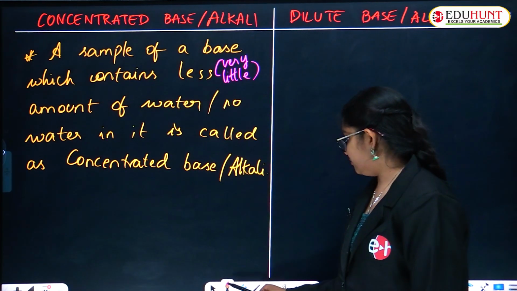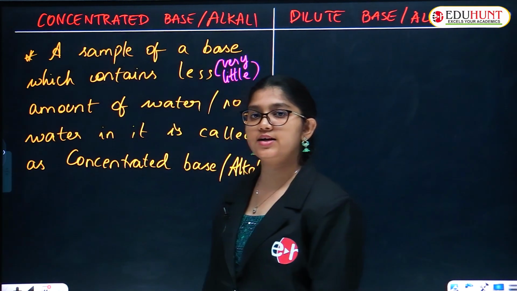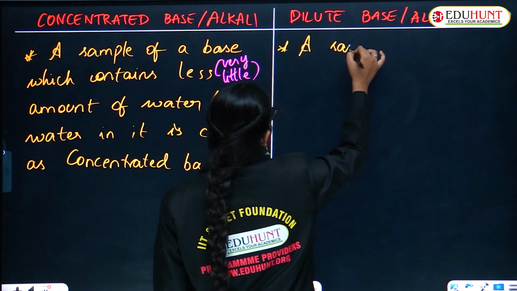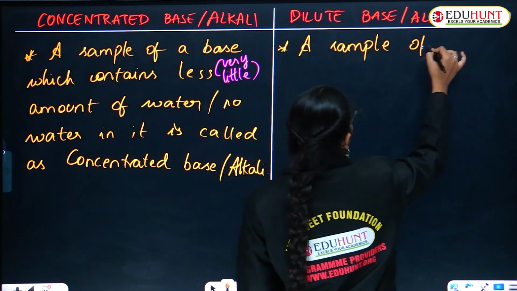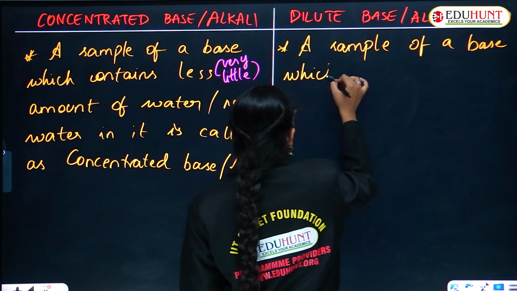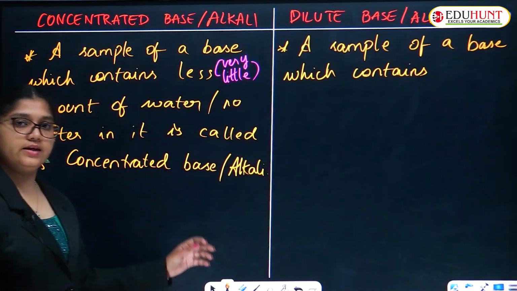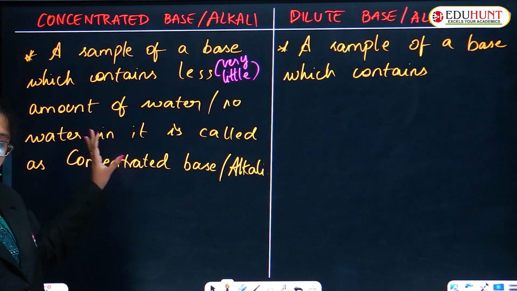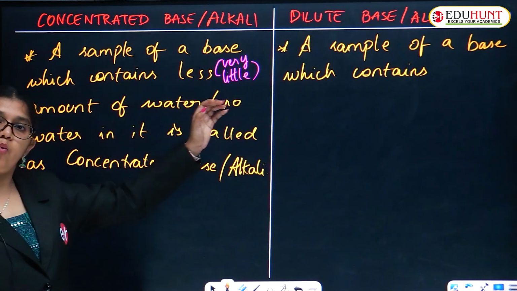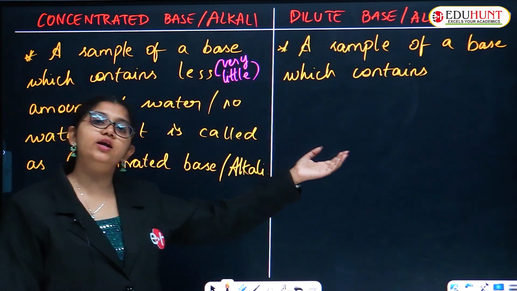Now what about the dilute base or dilute alkali? The same definition goes like this: a sample of a base which contains, up to here it is okay, but in the concentrated base we wrote very little or less water. What about here? Here it is more water.